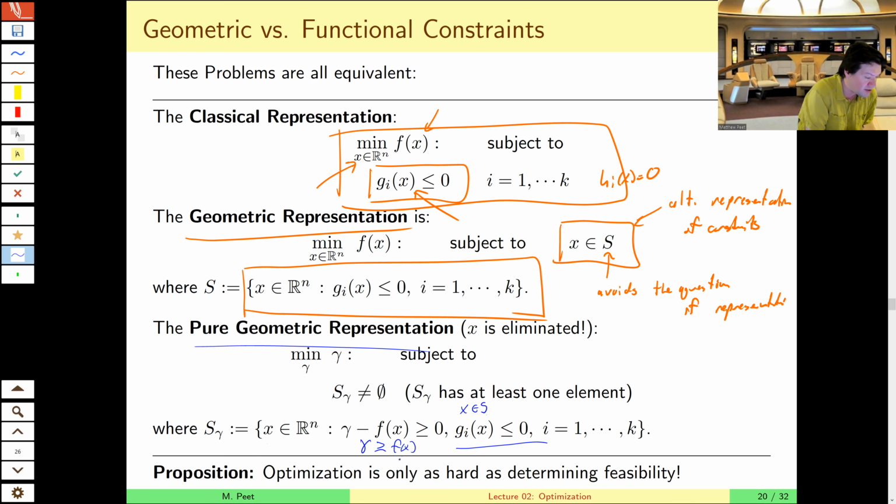And this allows us to formulate the optimization problem with a linear objective by moving the objective to the constraint set, and then we can think about this constraint set geometrically. So we can have a pure geometric representation where we have a linear objective, which is the simplest possible, subject to that gamma being in the set.